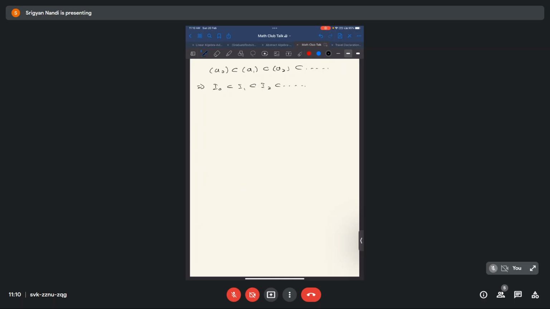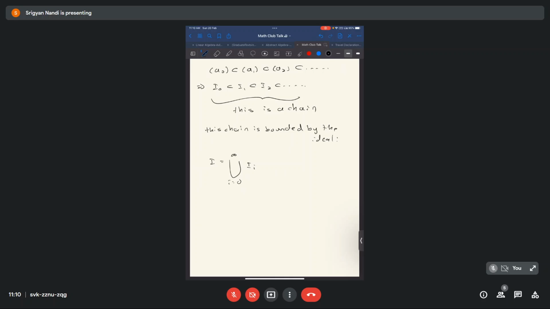But again, this is a chain, and this chain is bounded by the ideal I given by taking the union of all such ideals.